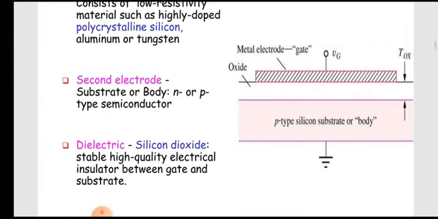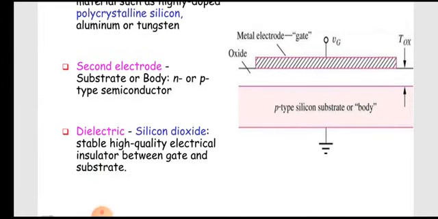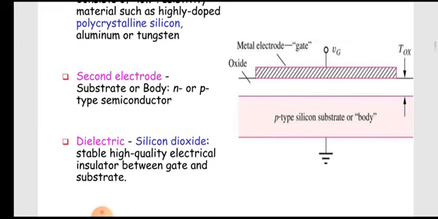The dielectric we are using here is silicon dioxide, because silicon, when it comes under the effect of oxide, becomes silicon dioxide, which works as a dielectric. It is a stable, high quality electrical insulator between the gate and substrate.